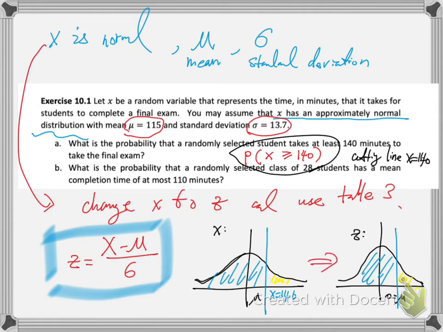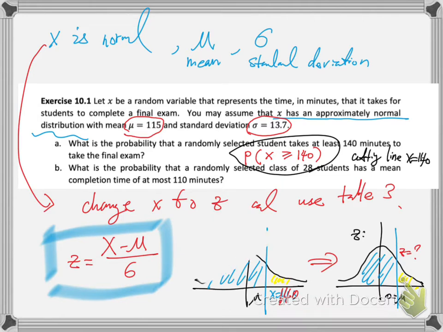We know that for X the cutting line is 140. So what is the cutting line in the Z graph? Use this formula and you'll find the new cutting line in the picture of Z, which is standard normal.